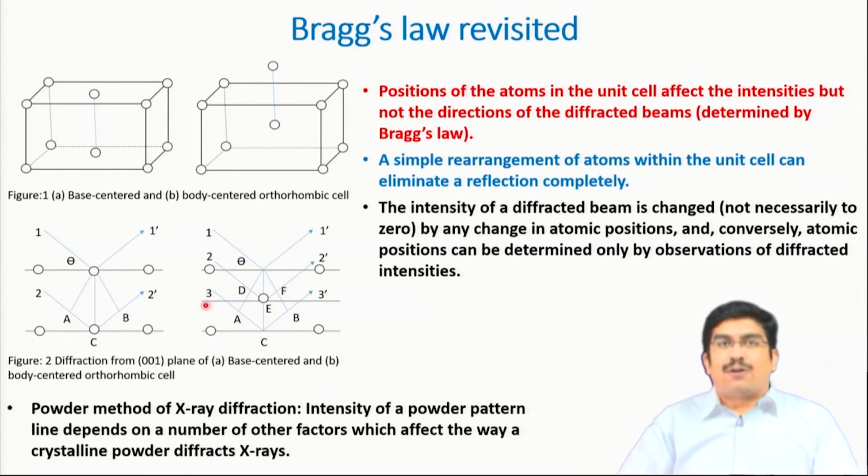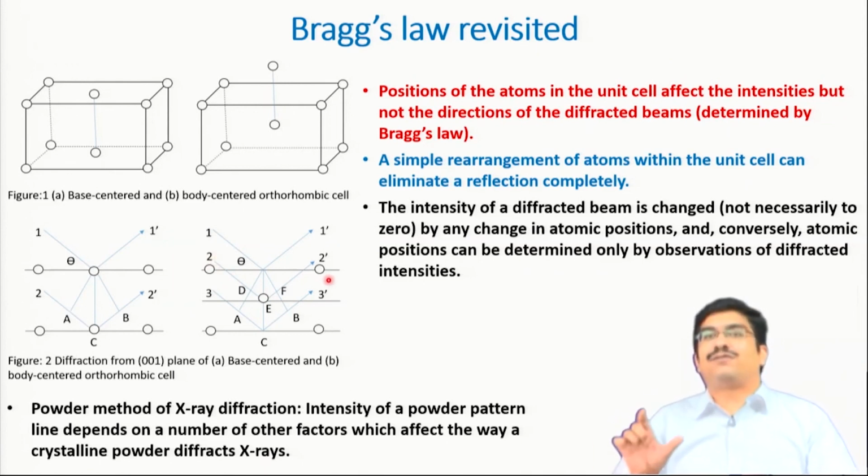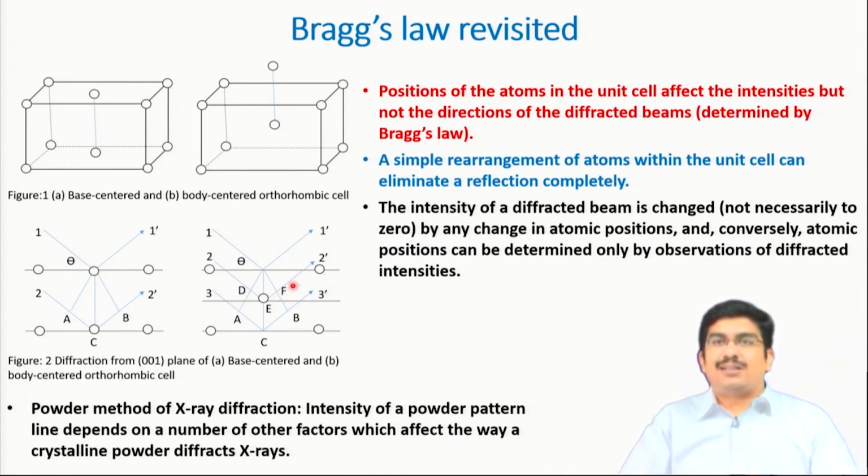Now, the beam that is diffracted from here will have a path difference of lambda by 2. If we geometrically calculate, the path difference of this one is exactly lambda by 2. That means, instead of constructive interference, this beam will cause a destructive interference with the first layer.